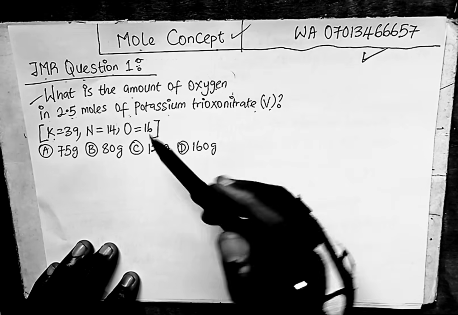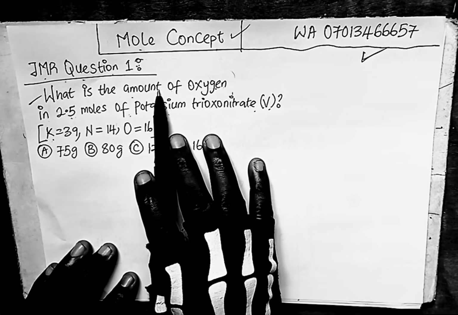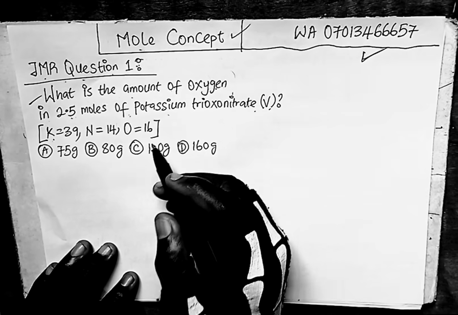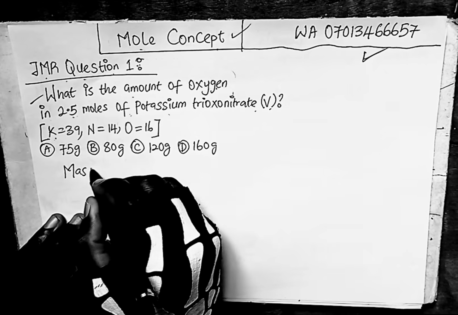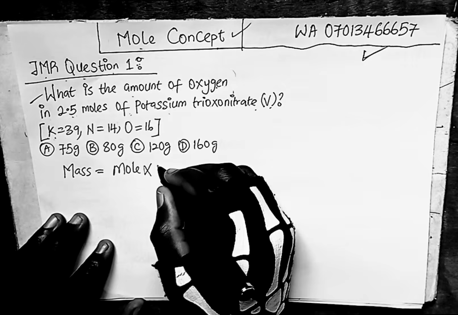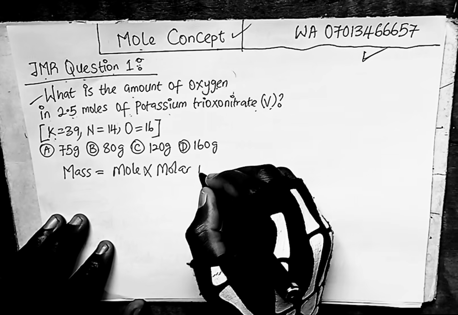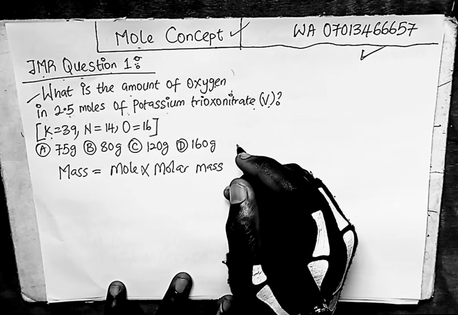First of all, since we are looking for the amount of oxygen, in other words we are looking for the number of oxygen. Let's write out the formula. The mass is equal to mole times molar mass. The symbol for molar mass is capital letter M, while mass is small letter m.